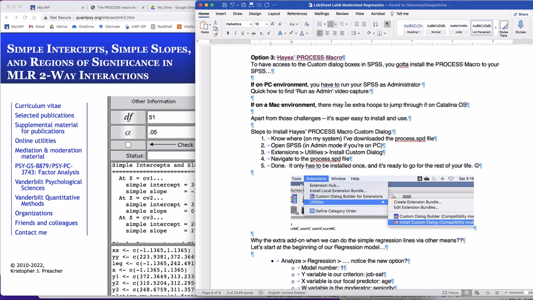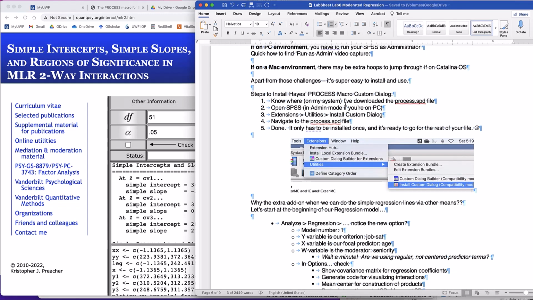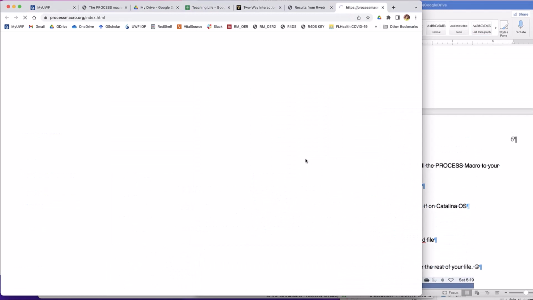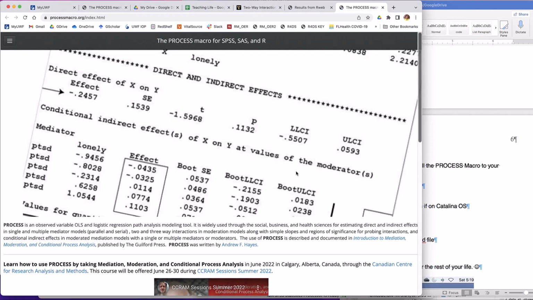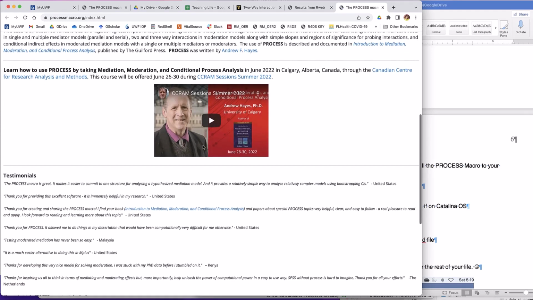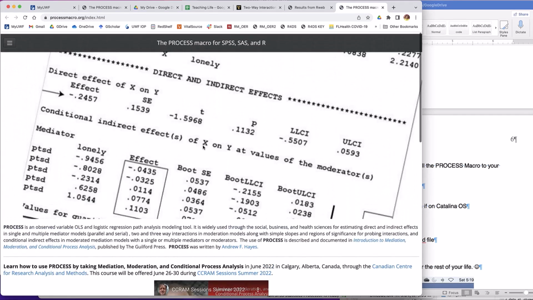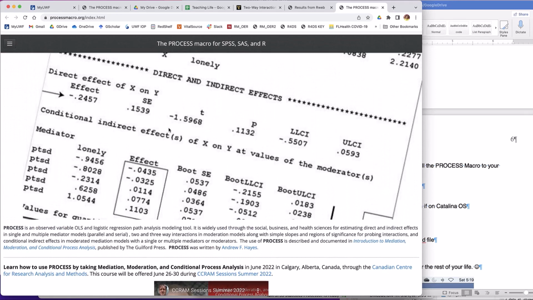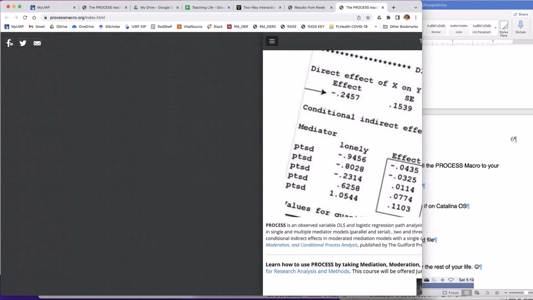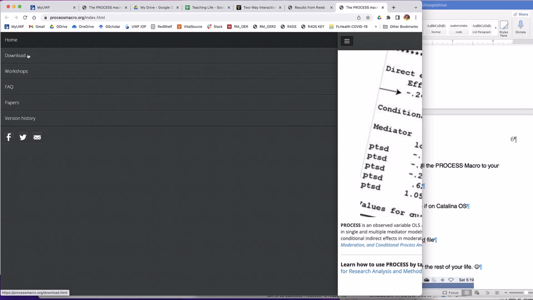Hayes process macro, you would have to download it first. So here's the website to go to learn about it. It starts by telling you about it, with testimonies and books and stuff like that. But what you're looking for here is download.